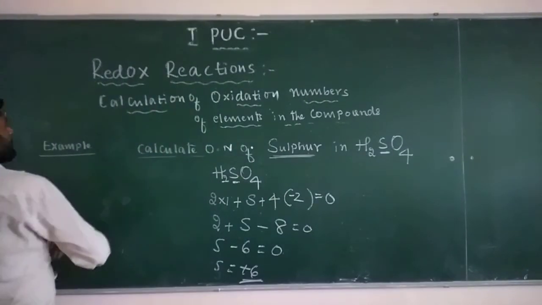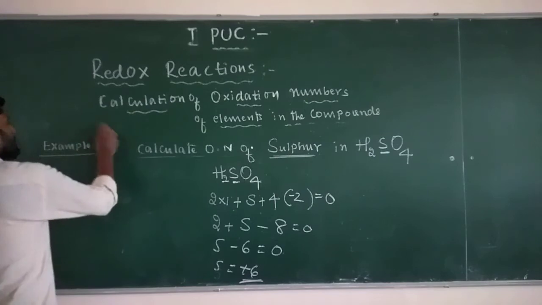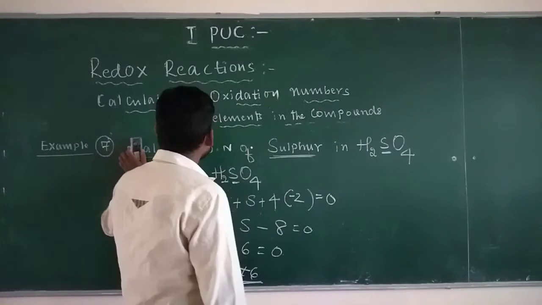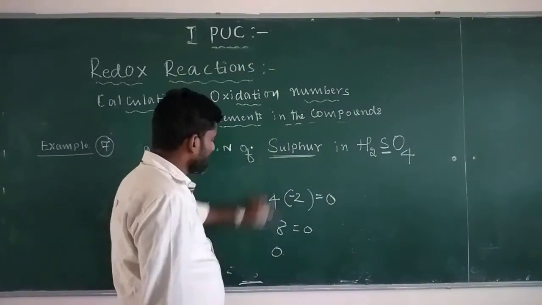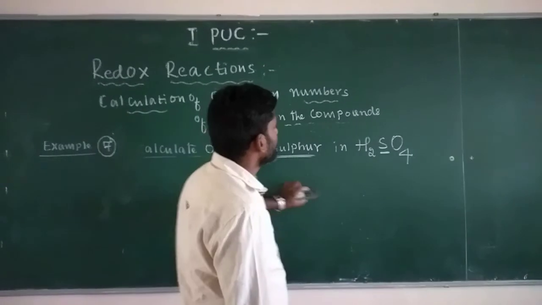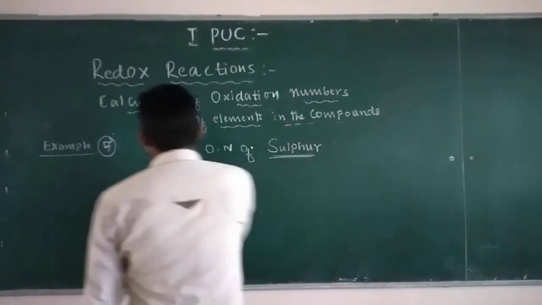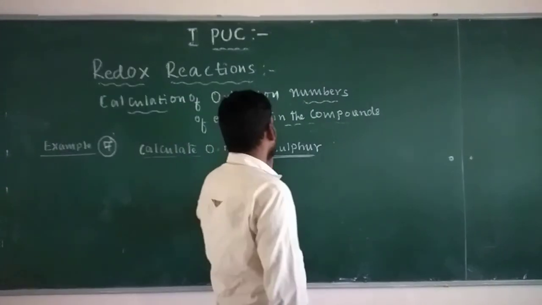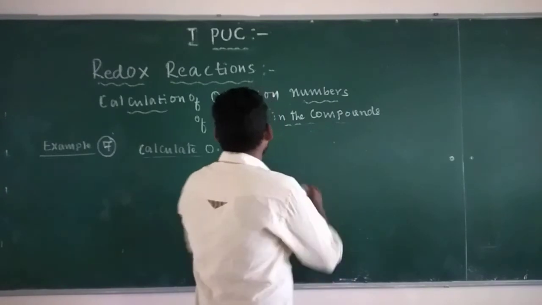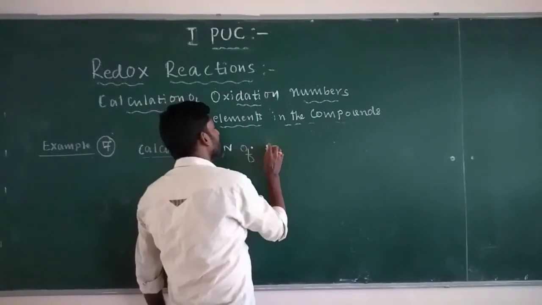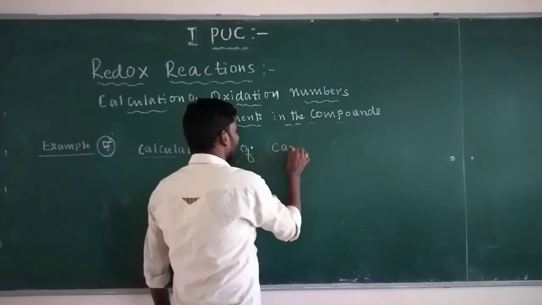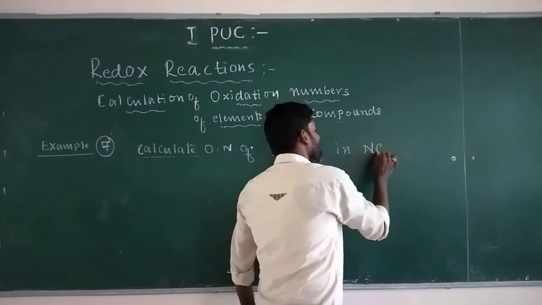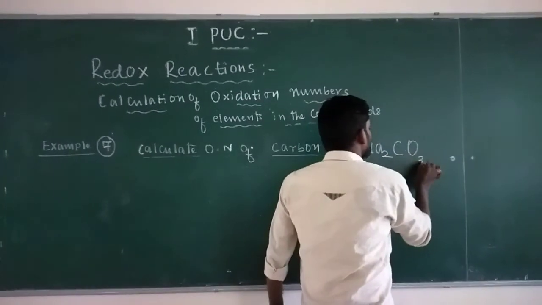Okay, next, example 7. Calculate the oxidation number of carbon in Na2CO3, sodium carbonate.